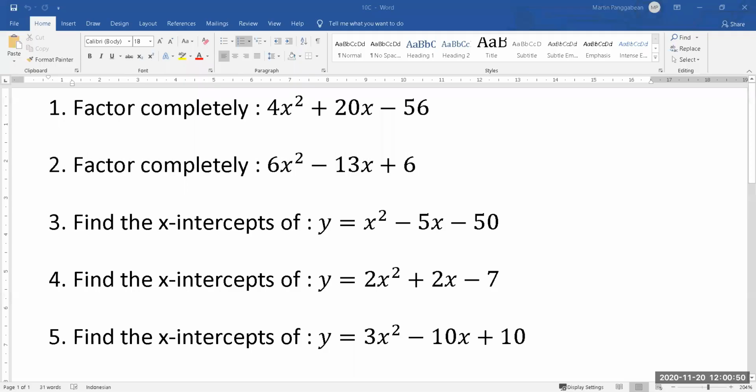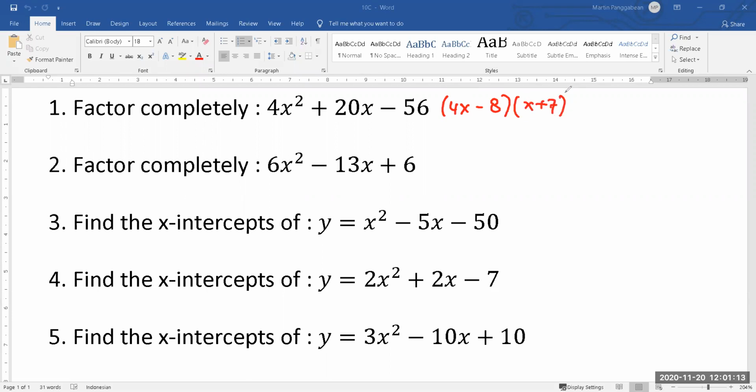First, I want to ask Justin, what is your answer for number 1? My answer is x minus 8 in parentheses, times x plus 7. Okay.